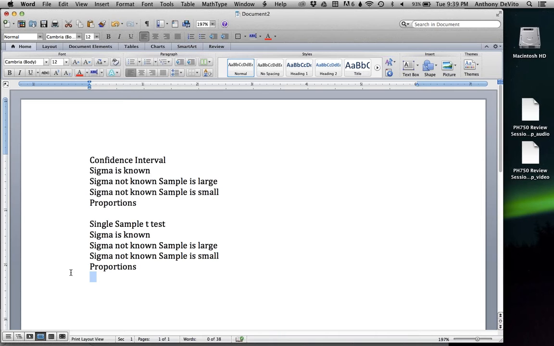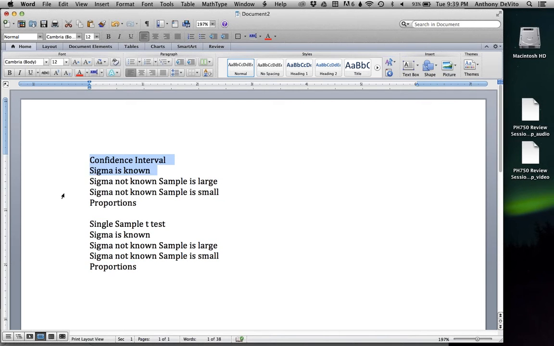I think chi-squares you're going to find pretty simple, but the t-test and analysis of variance could be a little bit complicated for you when you look at the formulas, but they're pretty simple concepts when we really get down to it. So I want to go through how we make decisions here, kind of how we build our flow chart of decisions that we make from the top to the bottom.